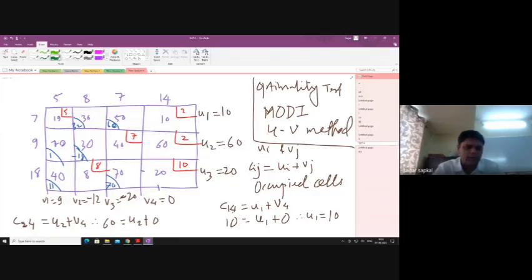A closed loop is required to be drawn. You have to start the loop from the maximum negative Dij value cell, and you can go towards right, down, up, left, wherever you want, but you must have an occupied cell at the corner of the loop when you take the 90-degree turn from that particular cell.